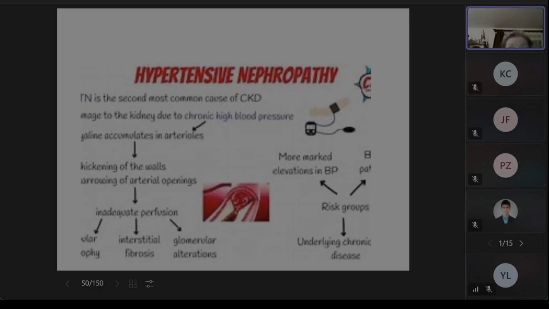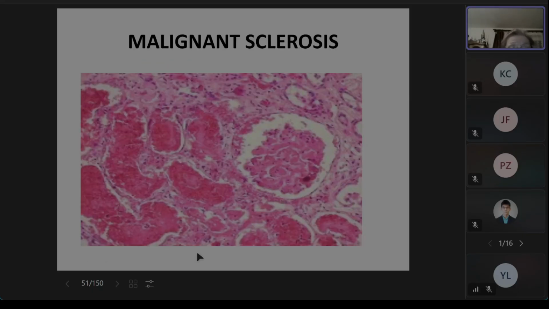And finally, because primarily we can observe the injury of the glomeruli, but finally, we can also observe the injury of the interstitial tissue. And the injury of the interstitial tissue is leading to interstitial fibrosis.